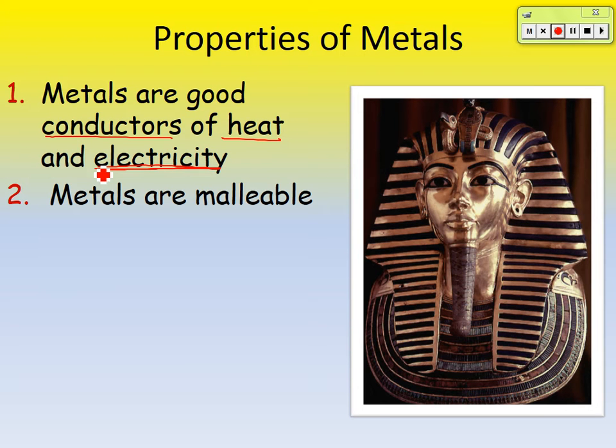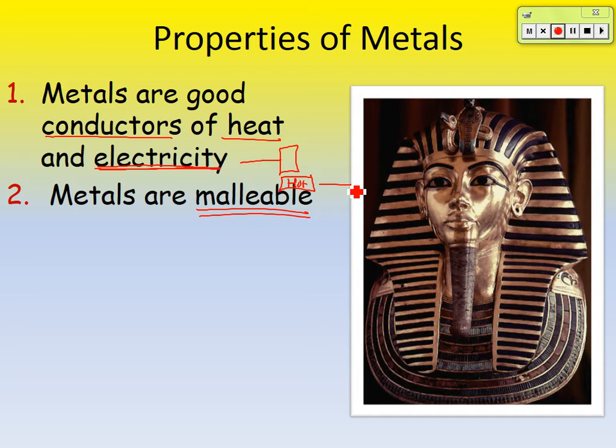Okay, metals are malleable. I want to talk about what malleable means. Malleable means like if you had a hammer and you had a chunk of metal and you got it really hot, could you shape that metal? You could. That's what malleable means. If you hammered it down, could you get this into thin sheets of metal?